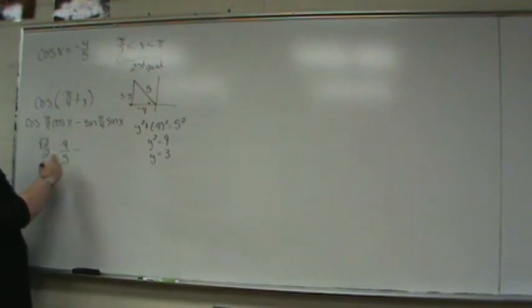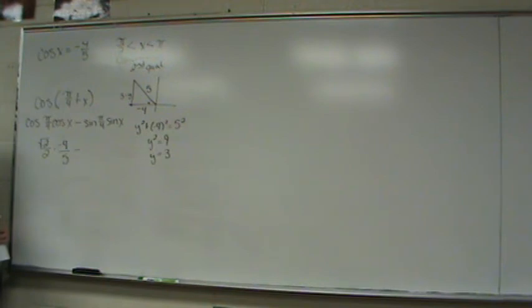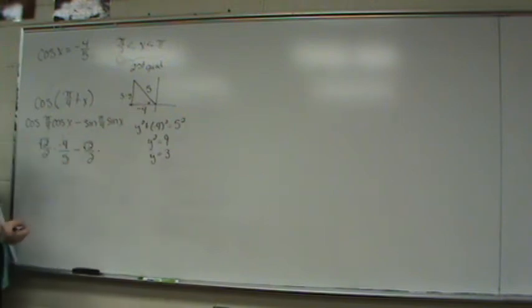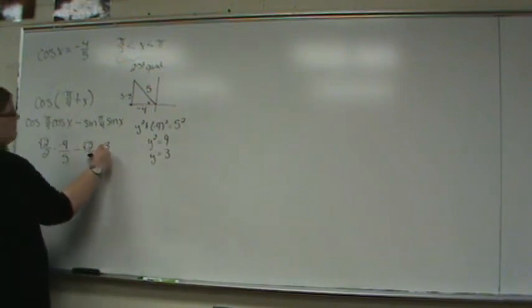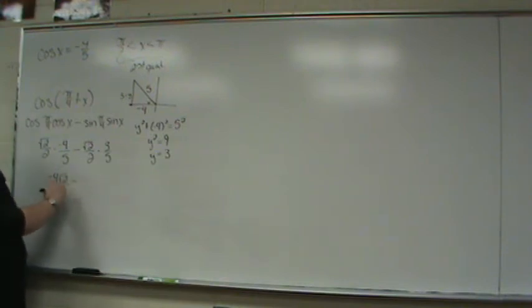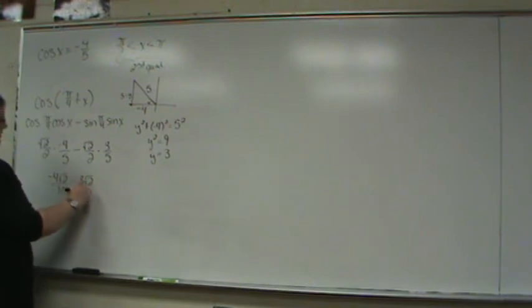Then we're subtracting the sine of pi over 4, which is root 2 over 2, times the sine of our angle, which is 3 over 5. So then when we multiply across, we're going to have negative 4 root 2 over 10 minus 3 root 2 over 10.